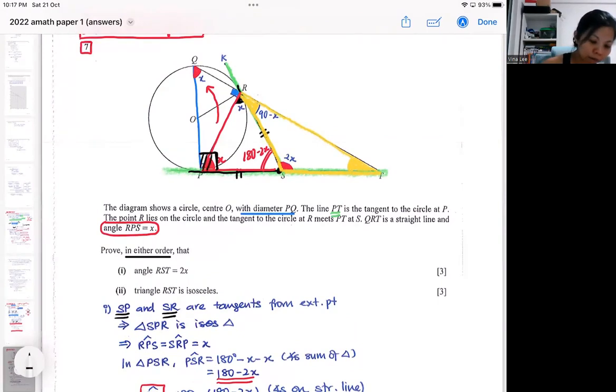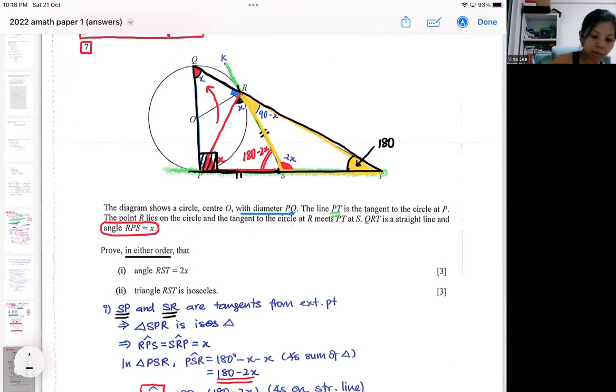So with this 90-degree and this tangent chord, I will be staring at this big triangle. I'm going to find this angle through the angle sum of a triangle.